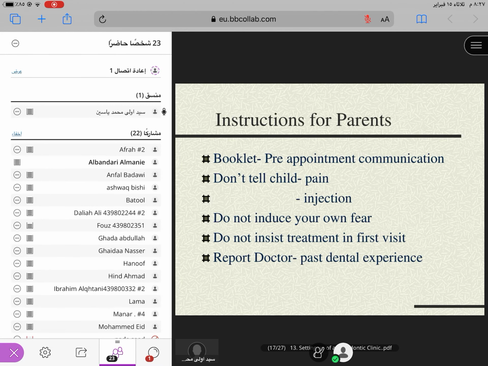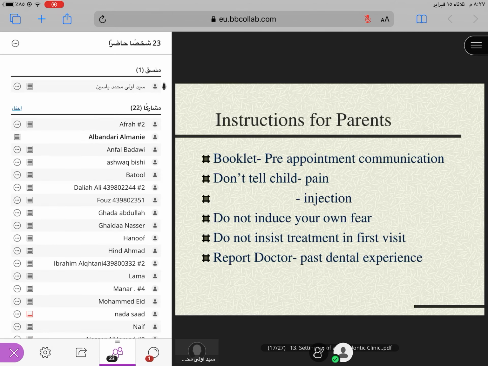Then apart from that, instructions for children and parents. Basically, you can have a booklet. You can have a notice board in the waiting room which can carry instructions for the parents before dental visits of the children. Or you can have a booklet or a brochure as a pre-treatment communication that can be mailed to patients well before the appointment.